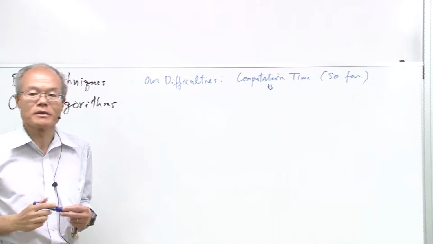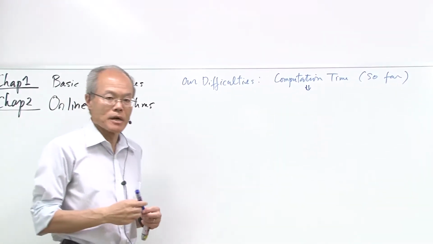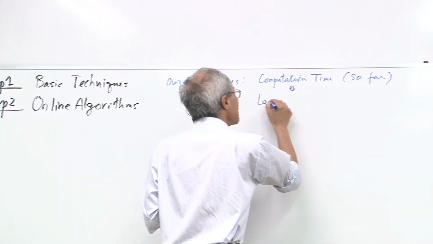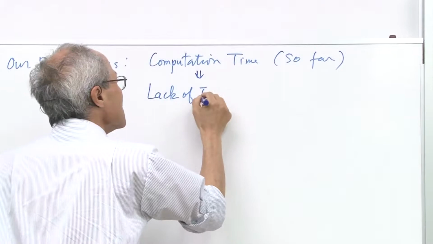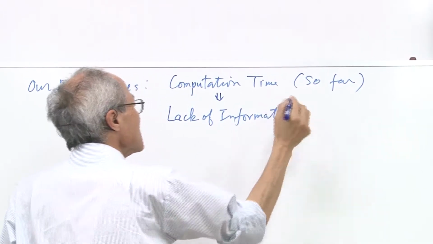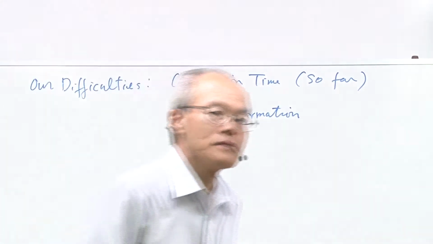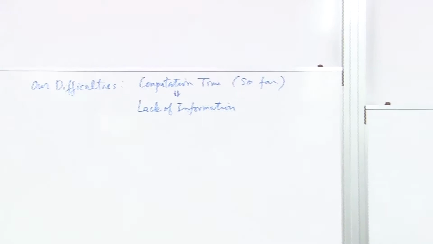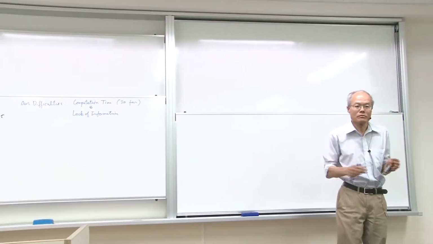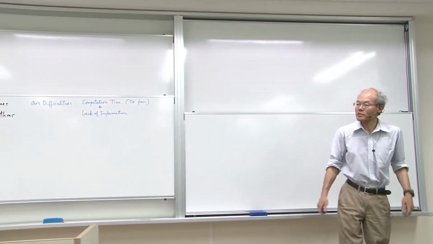Well, not completely, but now our main difficulty is not computation time, but lack of information. That means we don't have complete information. We have only partial information, but we still design our algorithm to work with partial information.